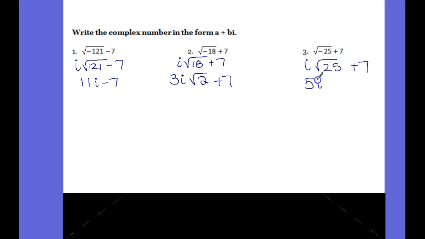So what you'll notice, when I write all of these, where do I put the I? Do I put it before the number or after the number? Yes, so when you write it, it's number, then I, plus 7. What else do you notice about all of my I's? They're lowercase, and they have a little curl on them. Add that tail.